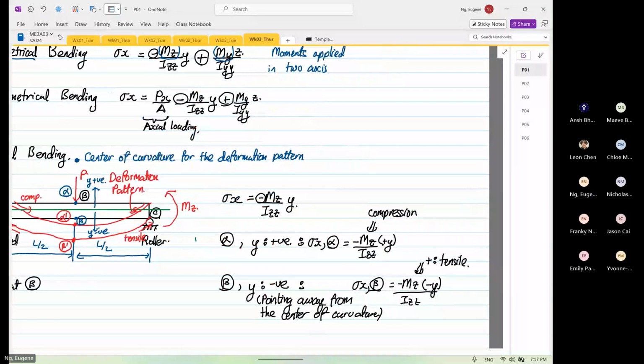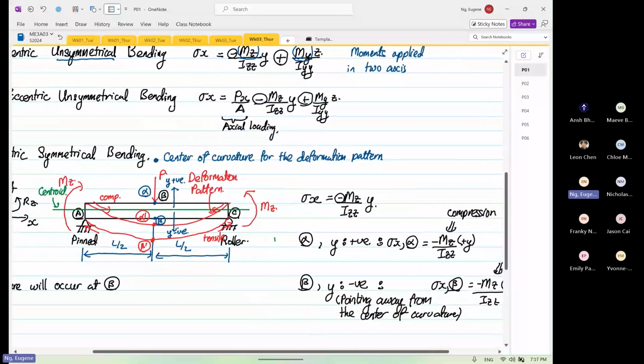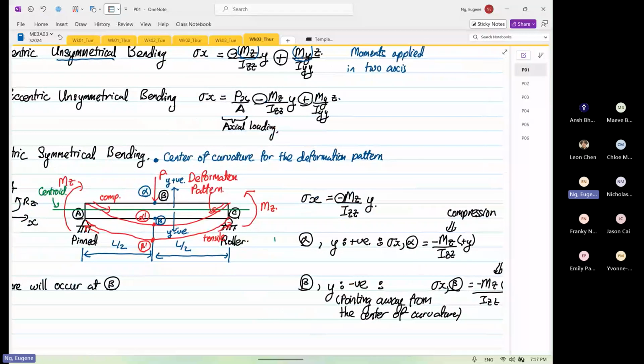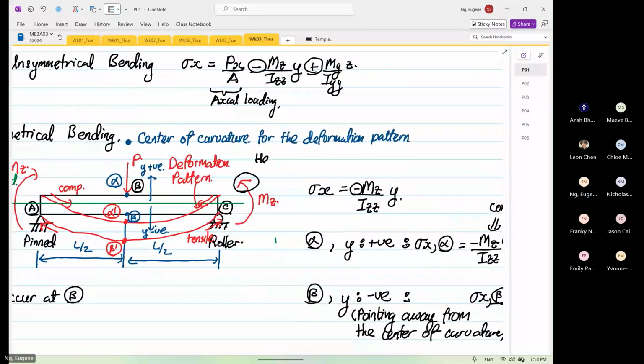Now this is applying the formula, if you remember. If you don't remember, I have solved a lot of problems with multi-axis bending. The easiest method is this: the head of the moment vector is always in compression.